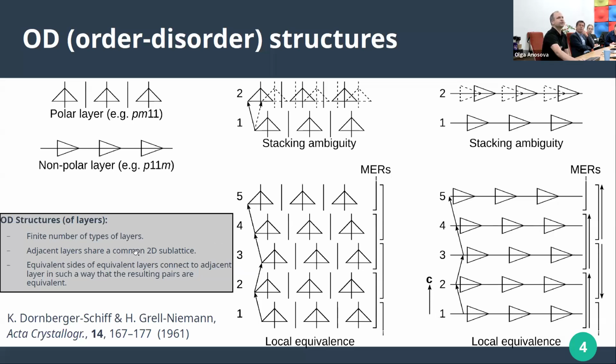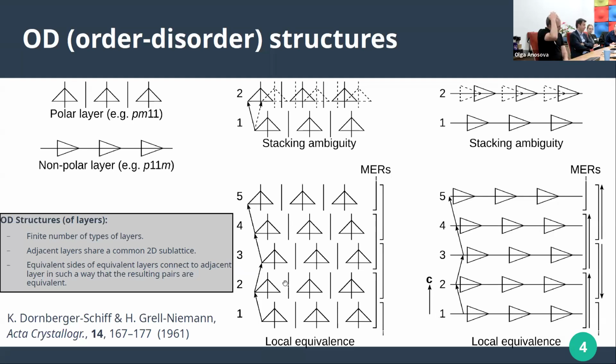So the formal definitions: you have a finite number of types of layers, and adjacent layers share a common two-dimensional lattice. And the important one is that equivalent sides of equivalent layers connect to adjacent layers such that the resulting pairs are equivalent.